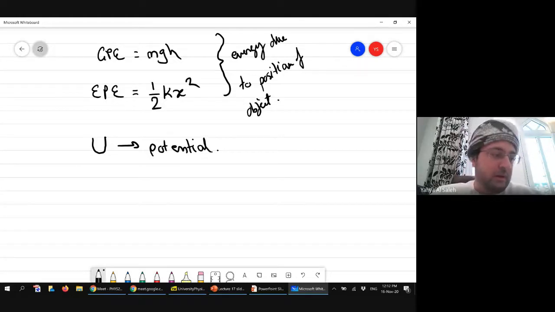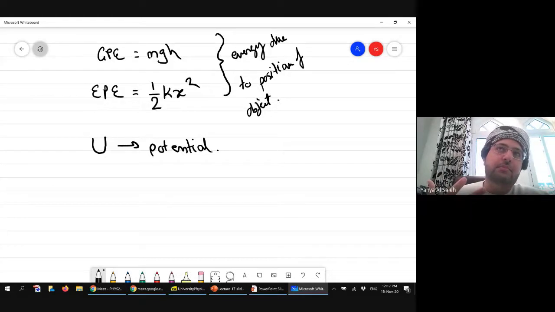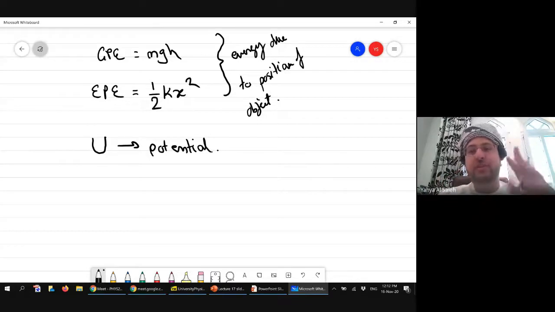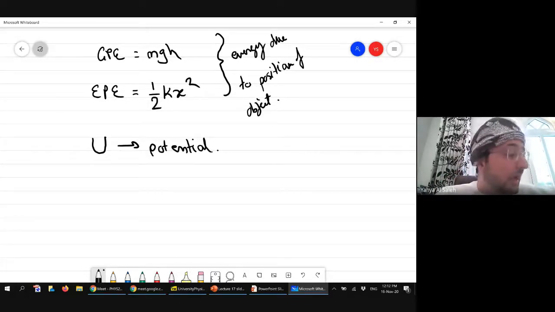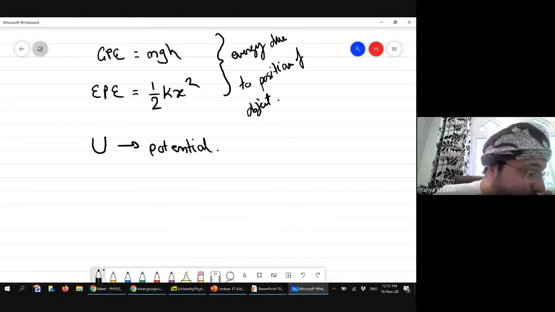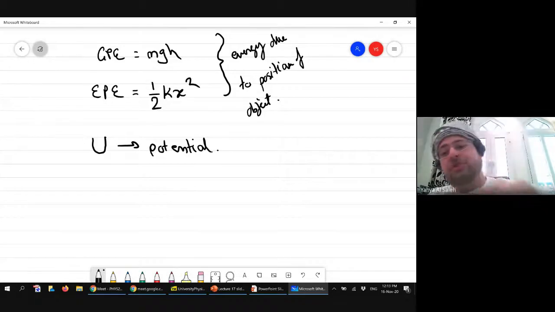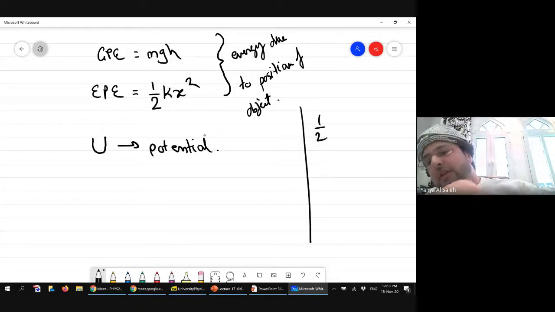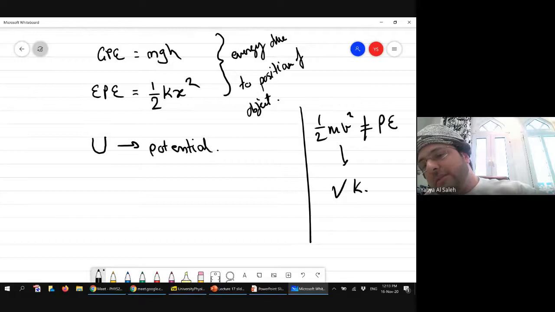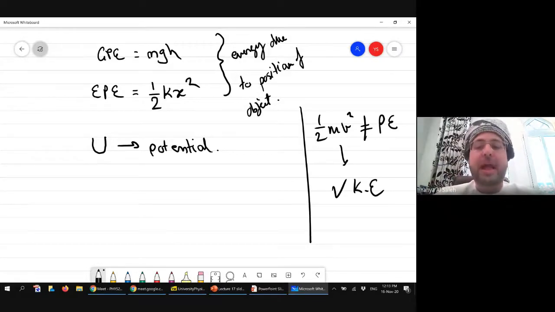So elastic potential, gravitational potential, other types of potential will all generally be labeled as U. Actually, half mv squared is not potential energy, it is kinetic energy. So you have it because of movement, not because of position.